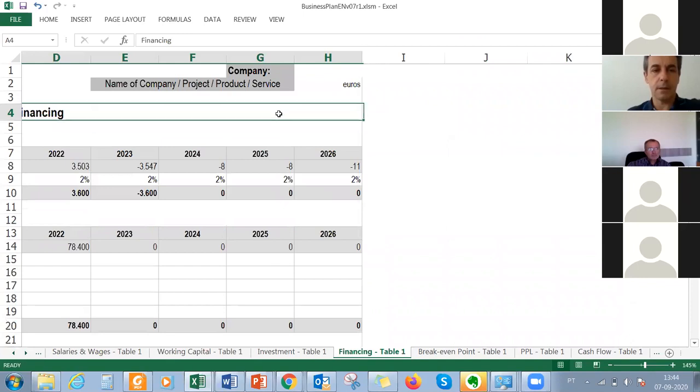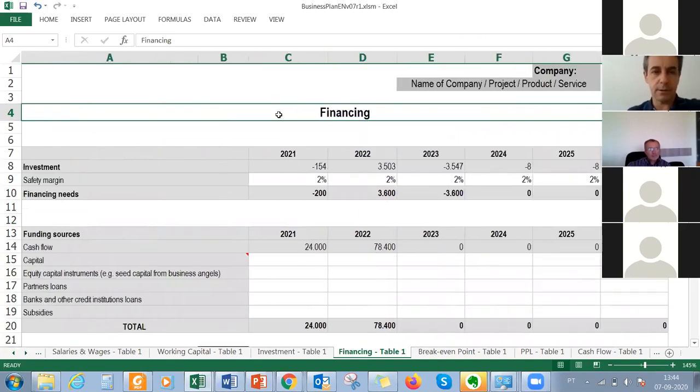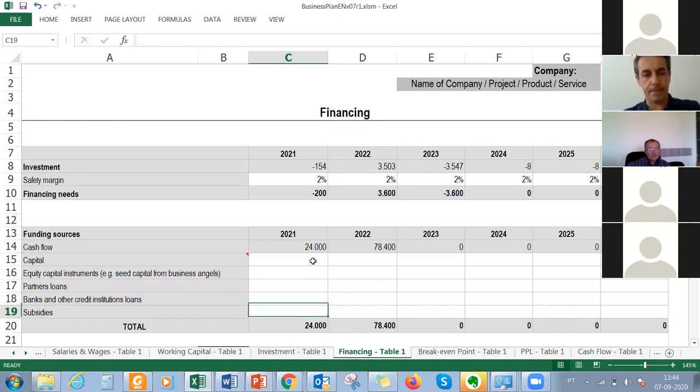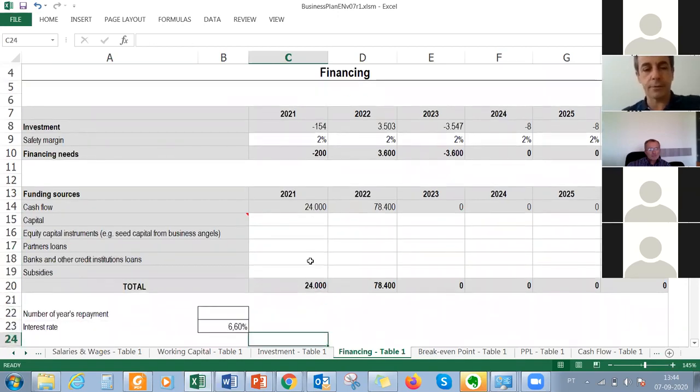So let me see, what is this? Financing. This is too easy. The student should mention where they will find the money.